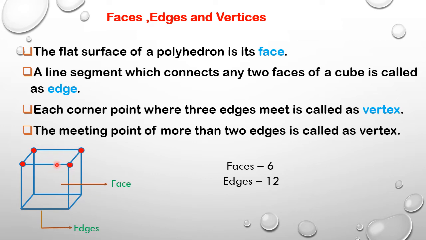This one is also a vertex because it meets 3 edges. How many vertices in a cube? 1, 2, 3, 4, 5, 6, 7, 8. So totally 8 vertices are there in a cube.